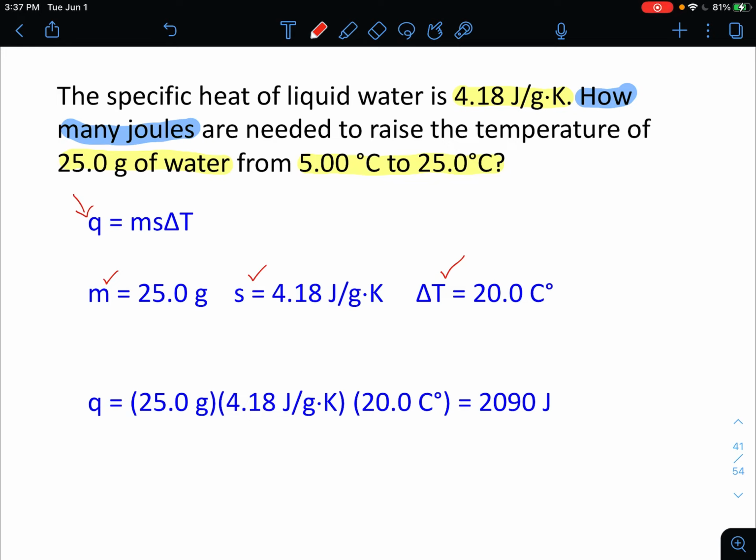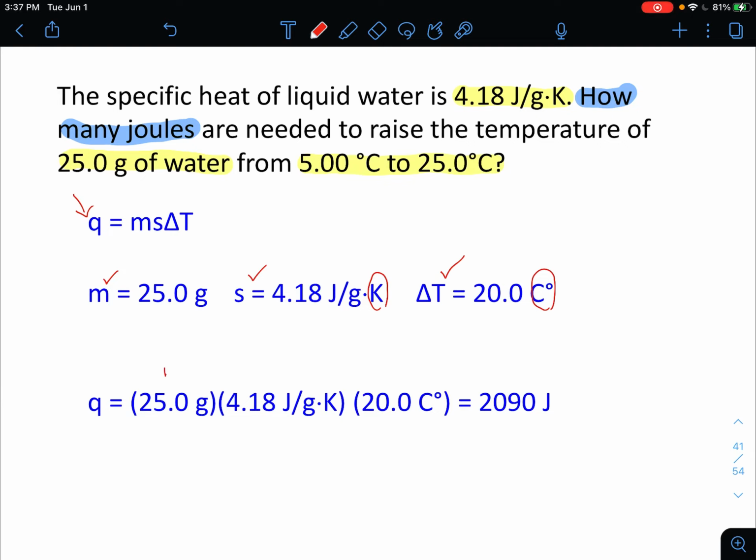So again, notice here, this says Kelvin, this says Celsius degree. That doesn't matter, right? A change of 20 Celsius degrees is the same as a change of 20 Kelvin. I should probably match the units when I actually calculate it out, but they're going to cancel anyway, so it should all work out.